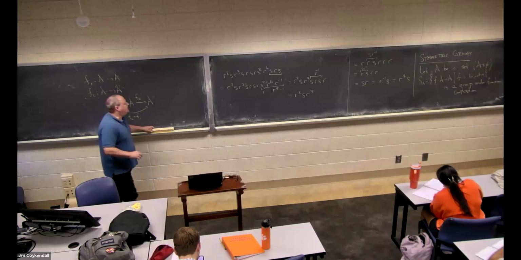Right? What happens when I compose all these functions? Well, I always start at 1, be a good bookkeeper and pay attention. Where does 1 go? It goes to 2, and then to 4. To 2. Back to 4.